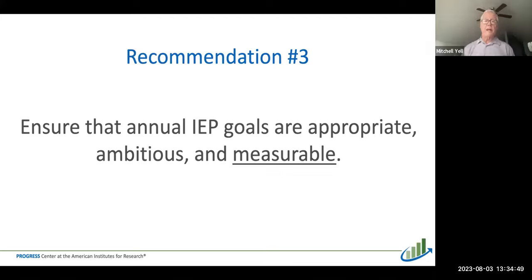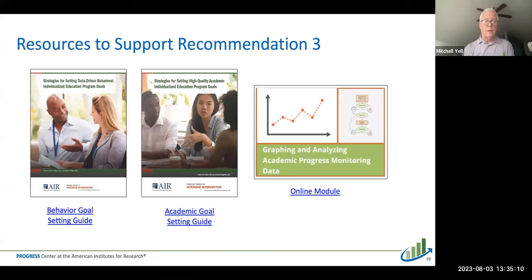They also should be appropriate, and as the Andrew case showed us, they should be ambitious, so that if the child meets their goal, they will actually be making some amount of progress. There are a number of really good resources that Riley is going to be putting into the chat, on writing academic goals, setting goals, and behavioral goals, and there's an excellent module on monitoring these goals.